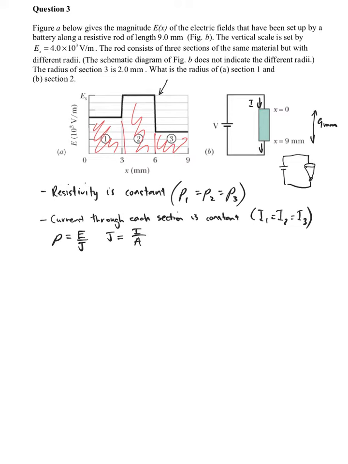We should be able to rearrange these two equations to figure out a relationship between the radius and the electric field for each of the sections.